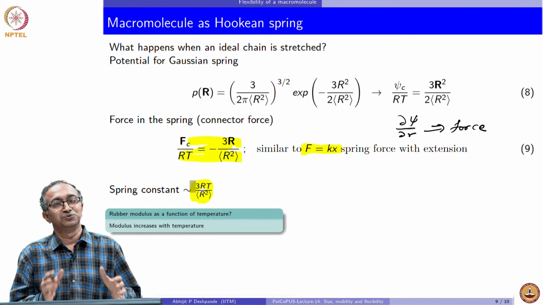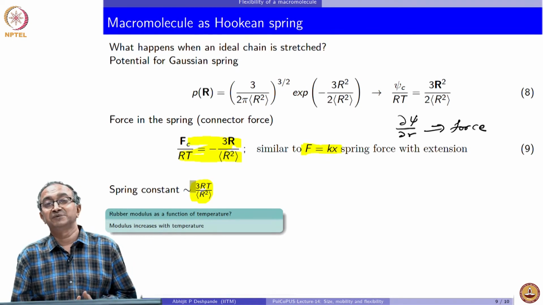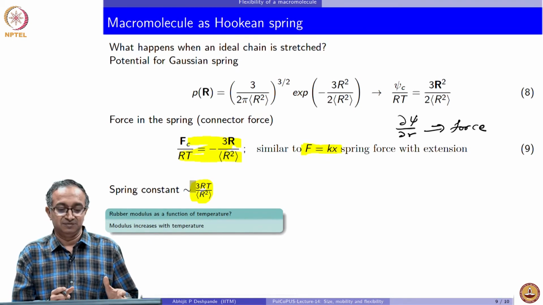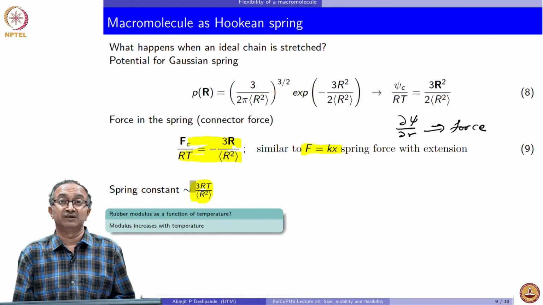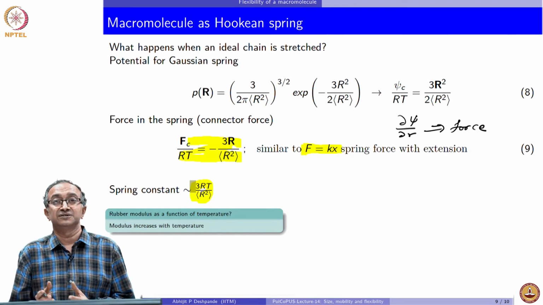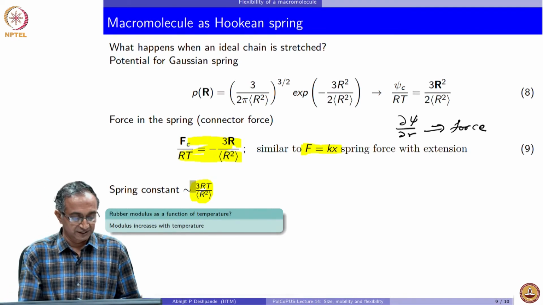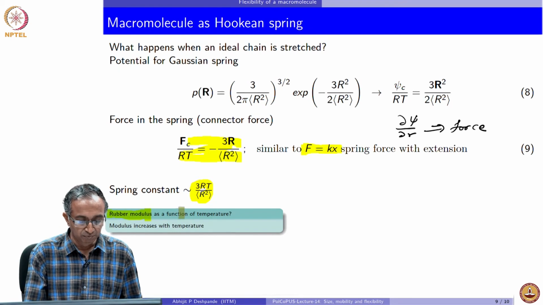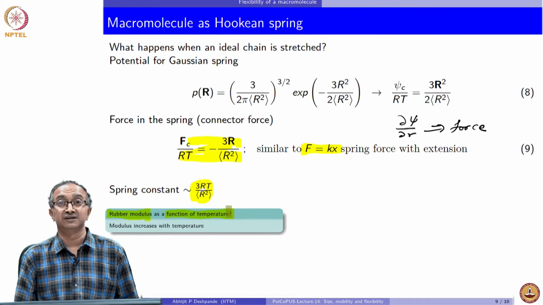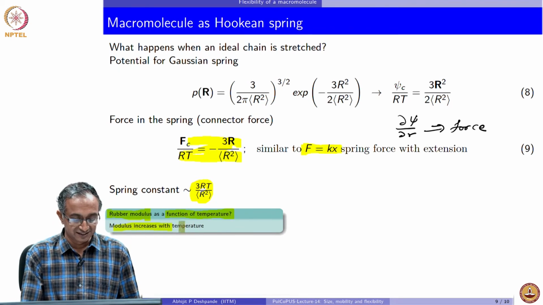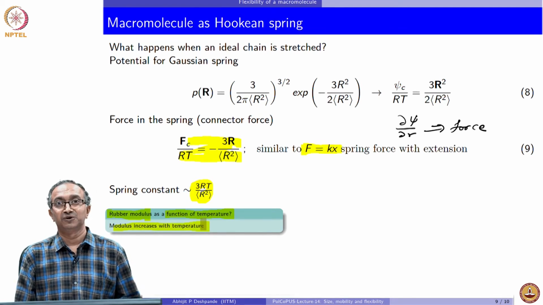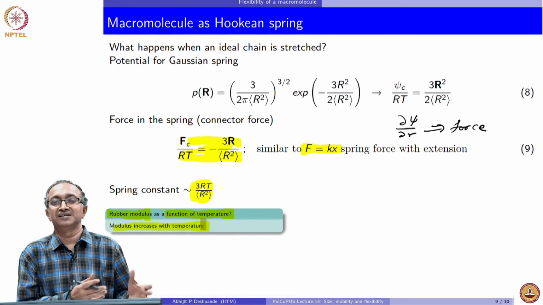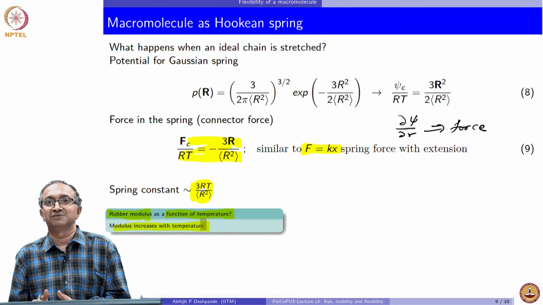Again, just to emphasize, such a model which is only at the single macromolecule level can immediately lead us to a very important understanding of the bulk behavior. For example, rubber modulus as a function of temperature: in fact, modulus increases with temperature for rubber. Most often you might think that a material's modulus will decrease with temperature.